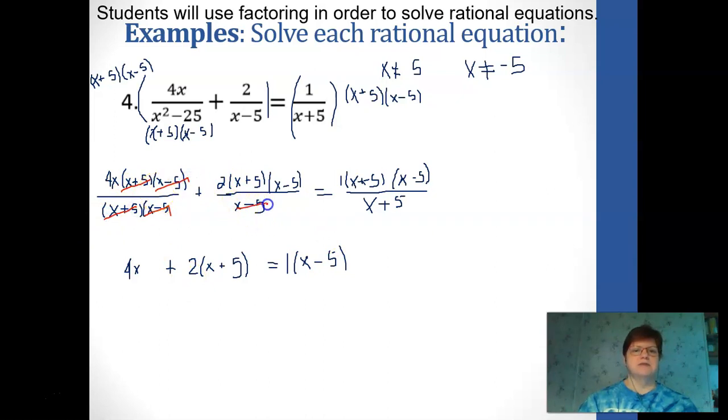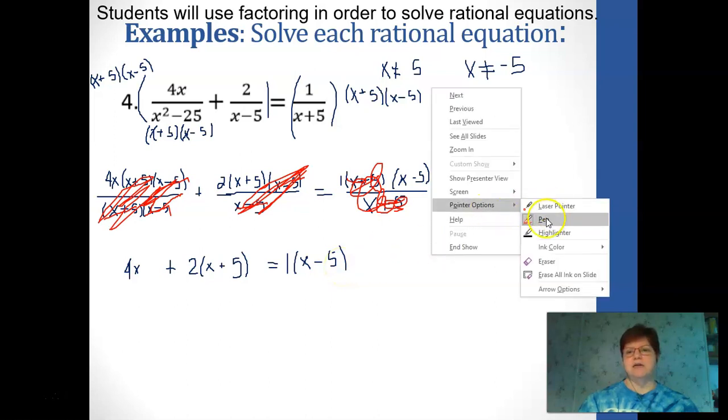When that's all gone, you have 4x. When this is all gone, you have 2 times x plus 5. When this is all gone, you have 1 times x minus 5. And then all you have to do now is solve that little equation.